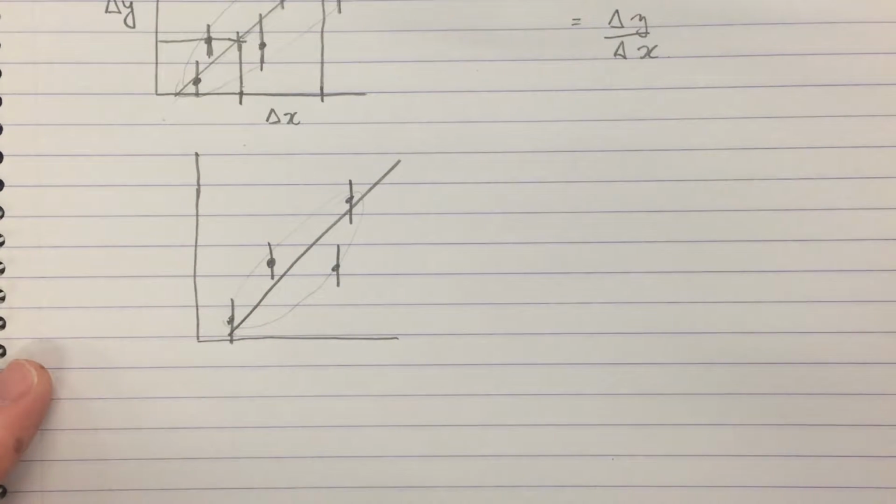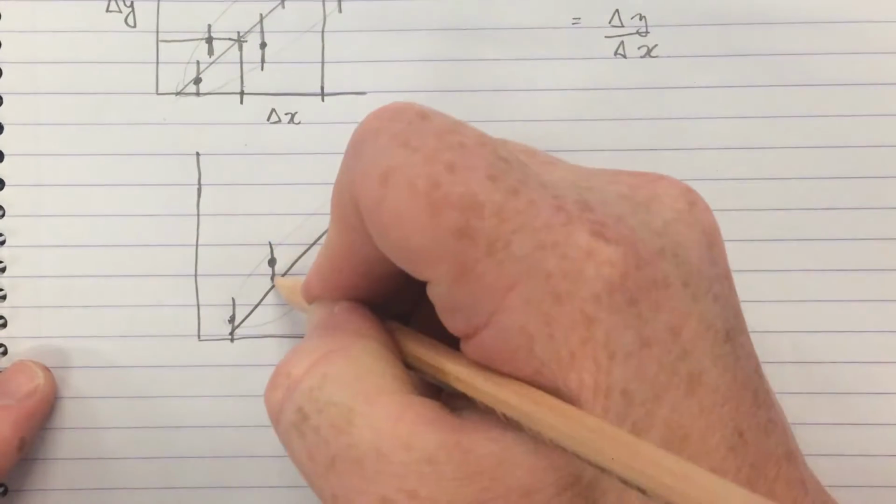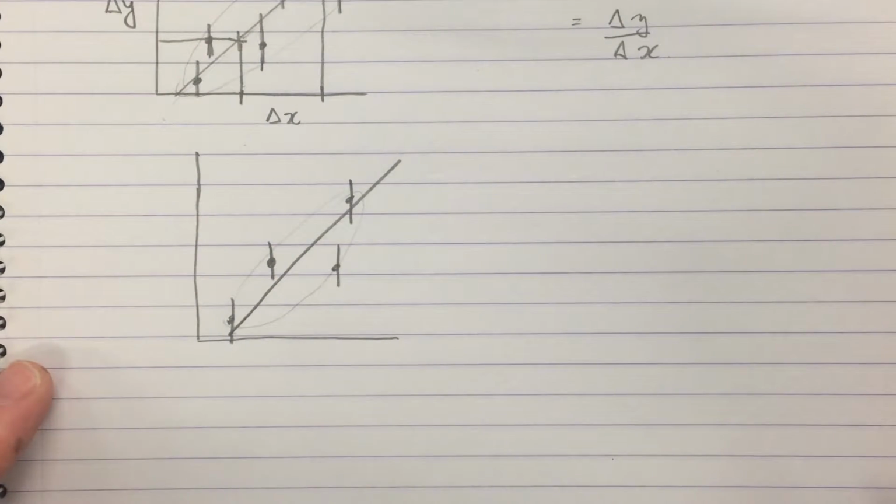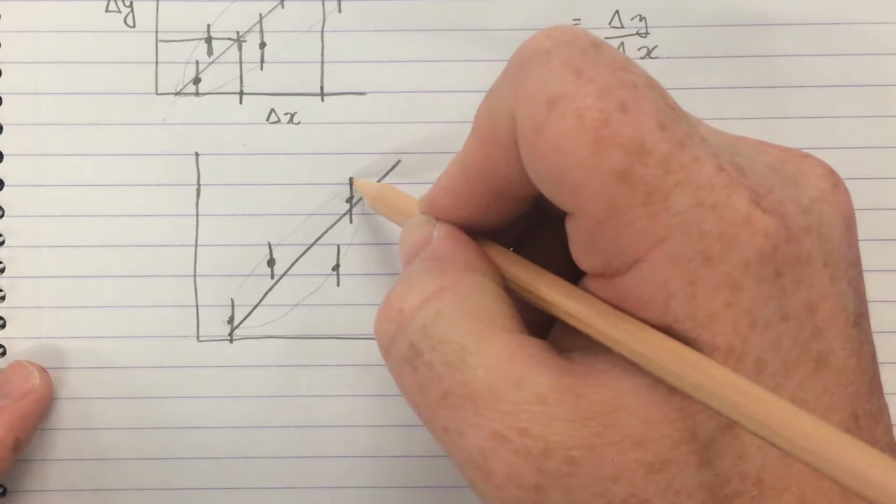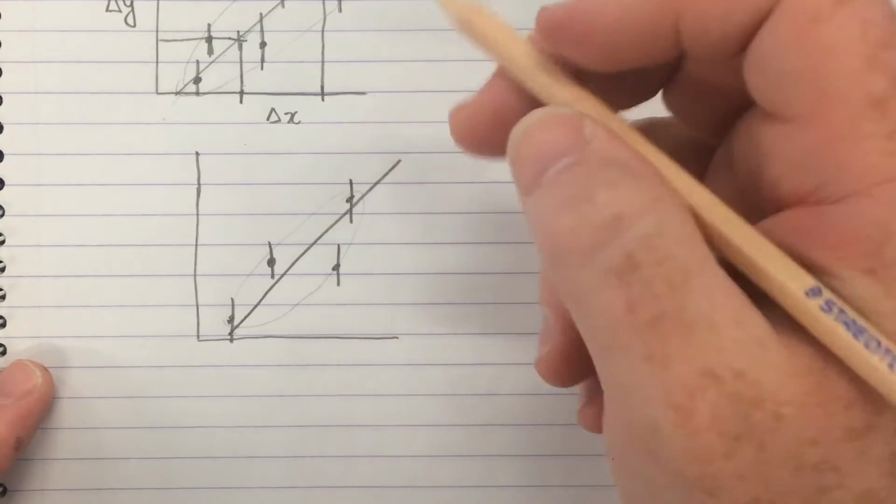So that will just correspond to half the smallest unit, or whatever uncertainty you've been able to calculate in your measured values.